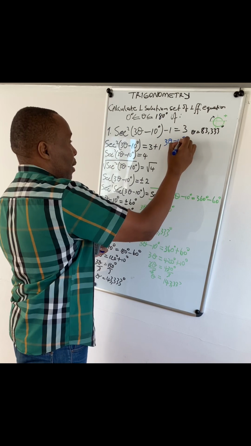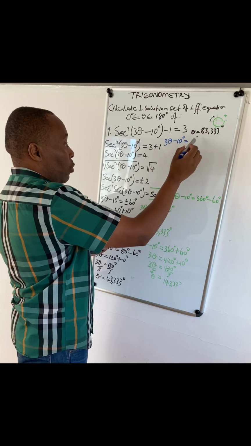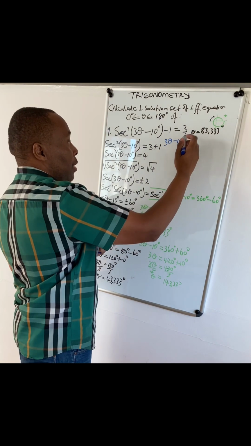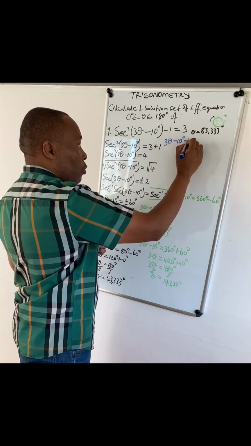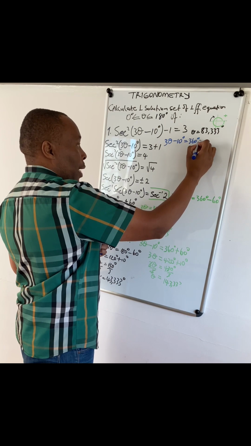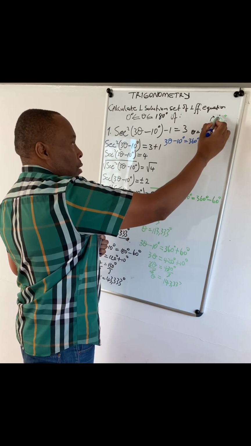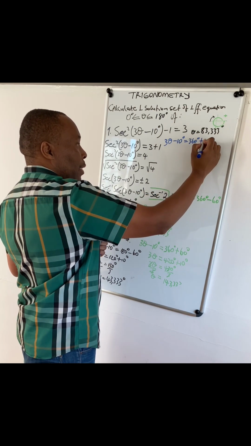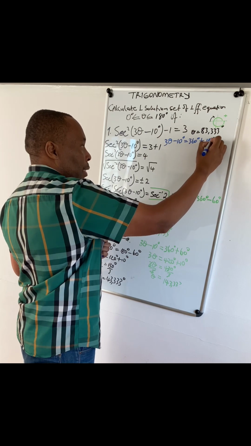minus 10 degrees is equal to, so this time it is equal to 1 revolution, which is 360 degrees, right? Plus, we come here to 180 degrees.